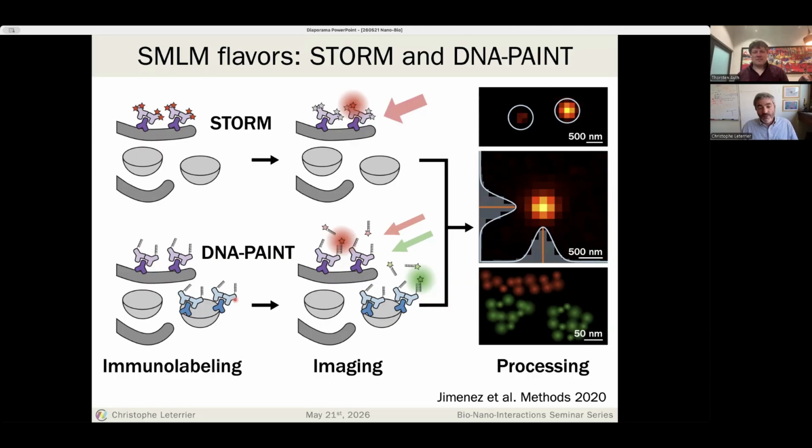And the other is DNA PAINT, where instead of having a fluorophore on the secondary antibody, you put a small DNA strand that is called the docking strand, and in the solution during imaging, you put an imager strand that has a fluorophore, and it is the transient interaction of the imager strand with the docking strand that will transiently immobilize the fluorophores and make the blinking. You will use the same kind of processing for both techniques, fitting all the single molecule blinking events to reconstruct the final image.